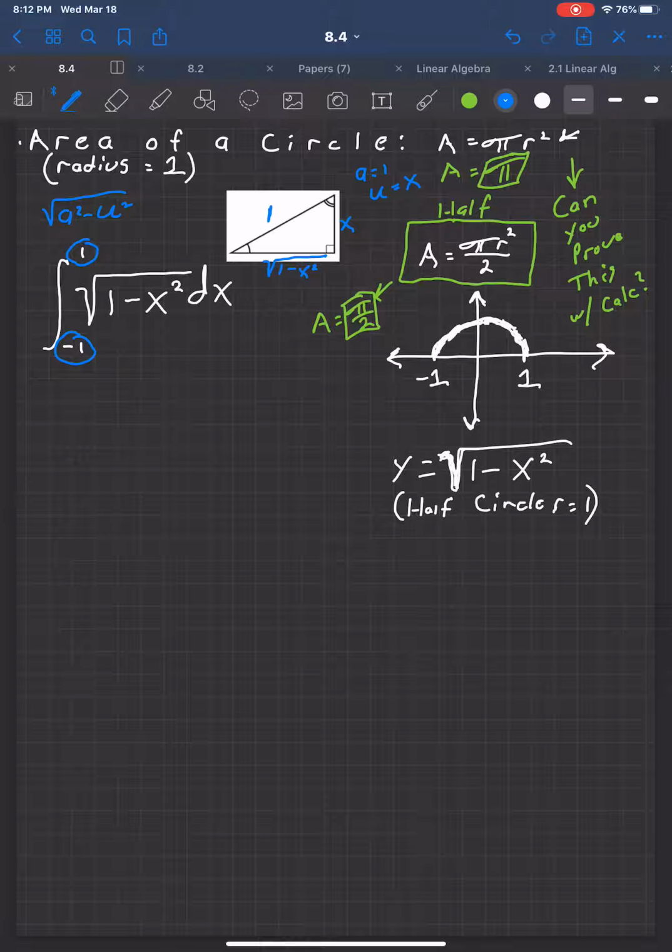Ready? So let's start with some definitions here. So we know that sine of theta is the opposite over the hypotenuse. And I'm going to go ahead and plug in for sine of theta. For opposite, which in this case is theta, my opposite would be x.